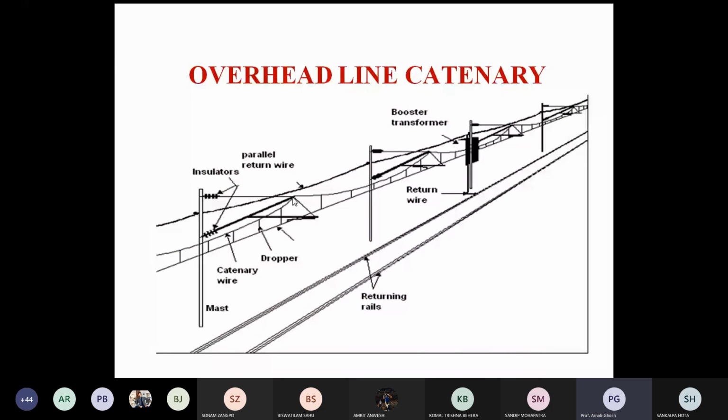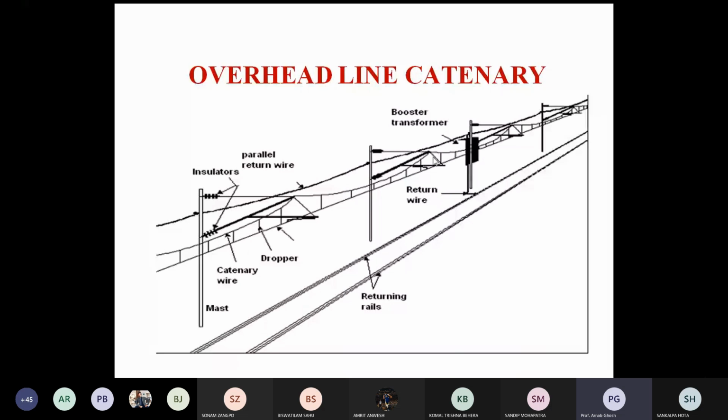Then some shackle type insulators, or sometimes string type insulators. Here you can see string type insulators holding the catenary wire. What is the purpose of the catenary wire?